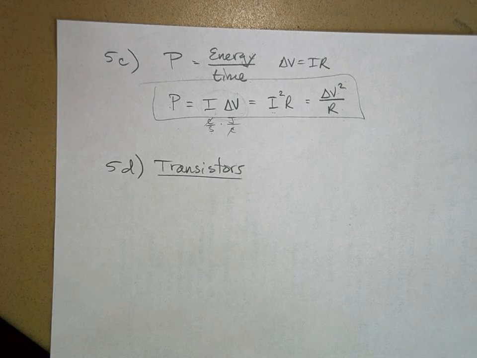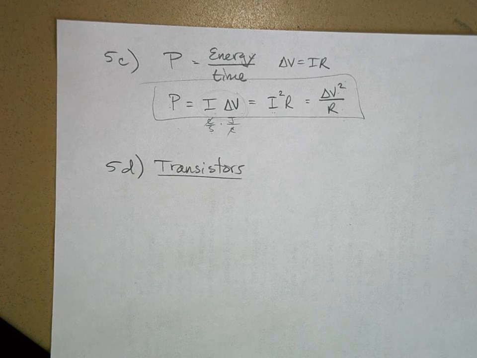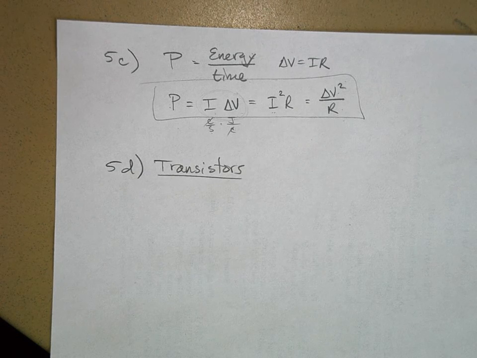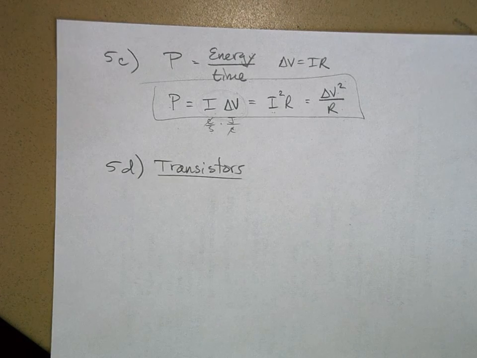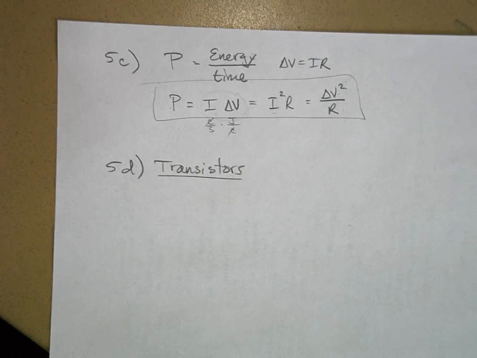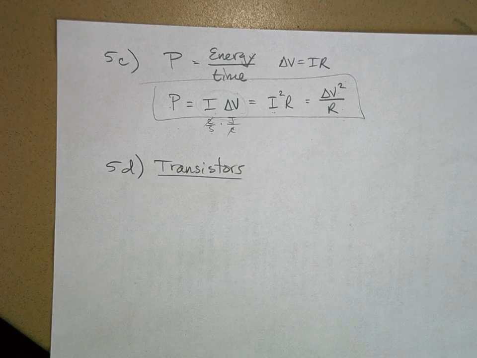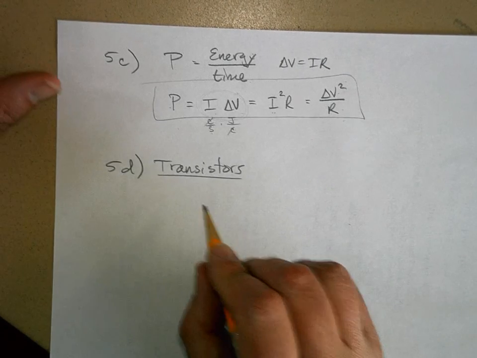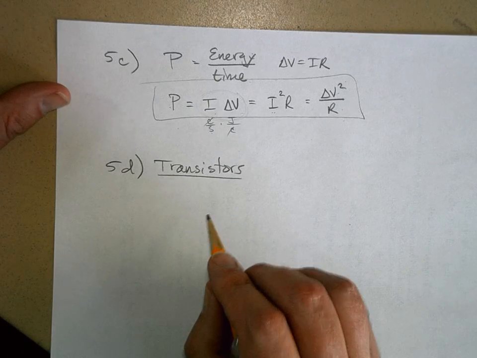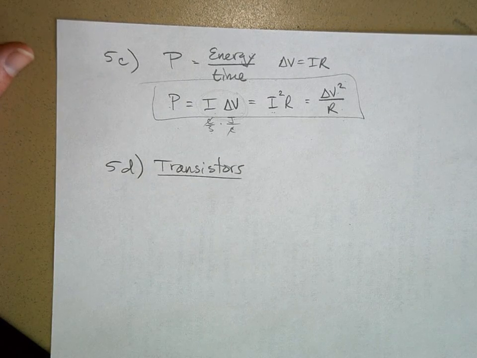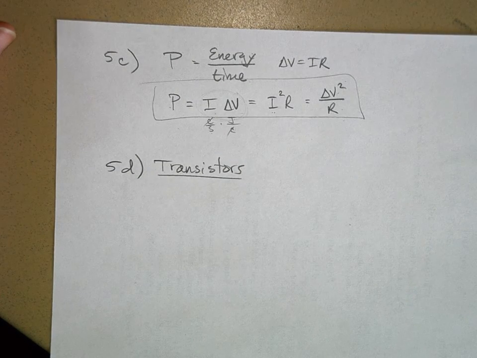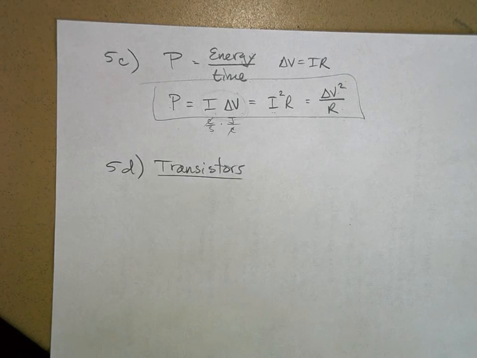If it weren't for the transistor, we'd still be living in the 1940s and 50s. Okay, that would be the level of technology we would have, which ain't great. Okay? I mean, imagine life without a cell phone. There are probably hundreds or thousands of transistors in your cell phone alone. Okay? They put them on integrated circuits.